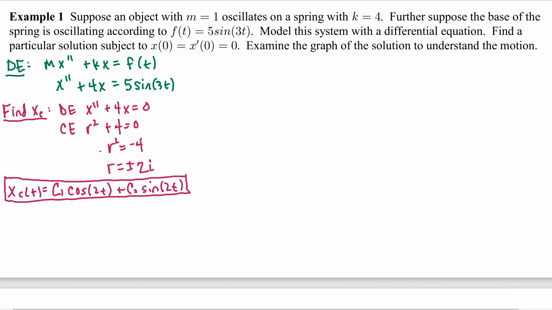Once we find our complementary function, our next step is to find our particular term, and we're going to do so with the method of undetermined coefficients. You could also do this, by the way, with the variation of parameters method. Our external forcing function, our non-homogeneous term, is 5 sine of 3t. We're looking at the nature of that function and thinking about its derivatives. Like we did in our general example above, we're going to look at x sub p being a multiple of sine of 3t.